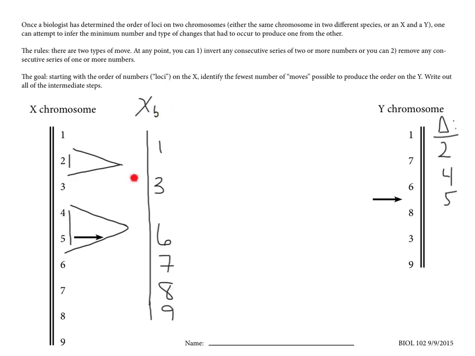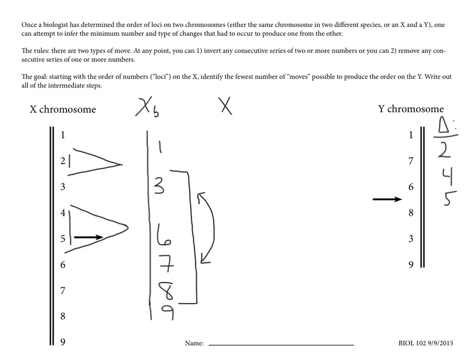Now when we compare where we're at currently and the ultimate goal, the next thing that I notice, although this is not necessarily the only way to solve this problem, is that ultimately the 3 and the 9 need to be together. So that might suggest, for example, that you take this block of DNA and invert it, turn it upside down.